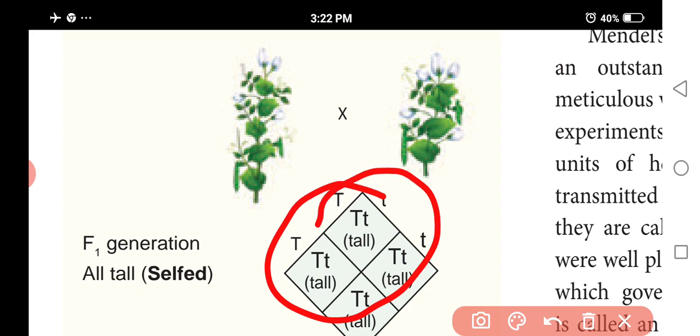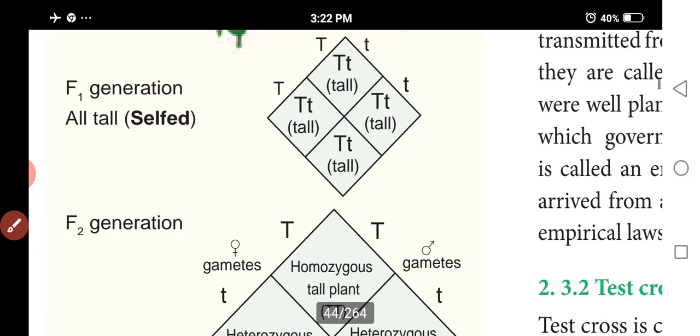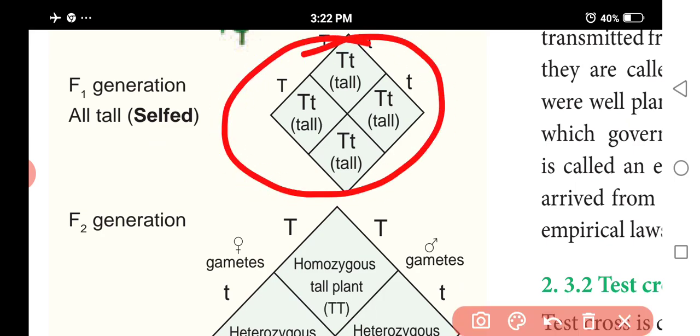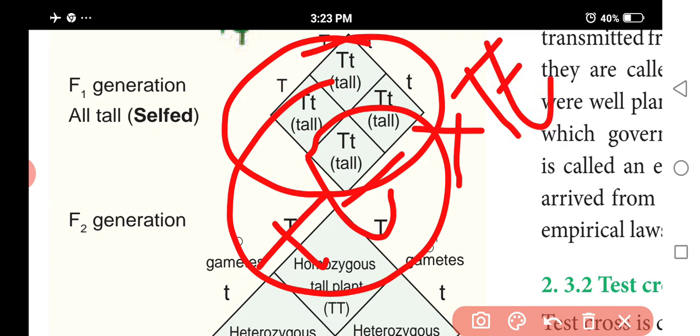He called this first generation the first filial generation, the F1 generation. Mendel found all plants of the F1 generation were tall. Do you understand? Then the F1 plants, Tt, were allowed to pollinate among themselves.